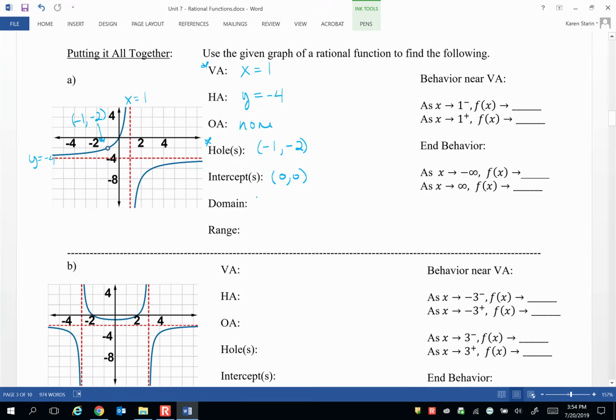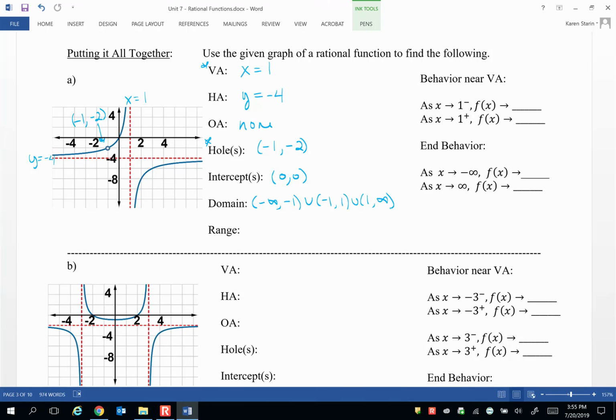So writing that in interval notation would be -infinity to -1. We have to jump over -1 using parentheses on both ends here, and then we also have to jump over +1. So in interval notation, we'll have three intervals joined by the union symbols, and we exclude -1 and +1 by using parentheses.